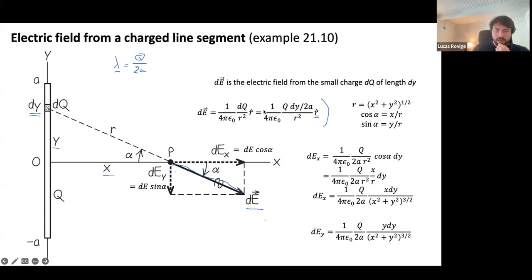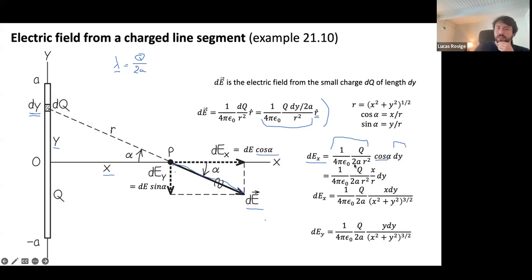Let's start with the x contribution. We use this expression, and then there's the cosine alpha here. A trigonometric relation gives us that cosine alpha is x divided by r, because cosine alpha is this side divided by the long side of the triangle.